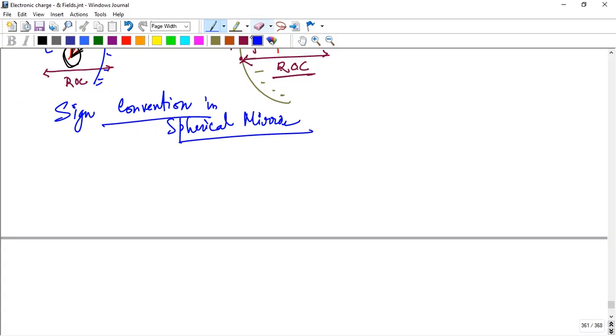These are the Cartesian sign convention. So we know that this is the minus x, this is the plus x, that's the plus y, and these are the minus y.